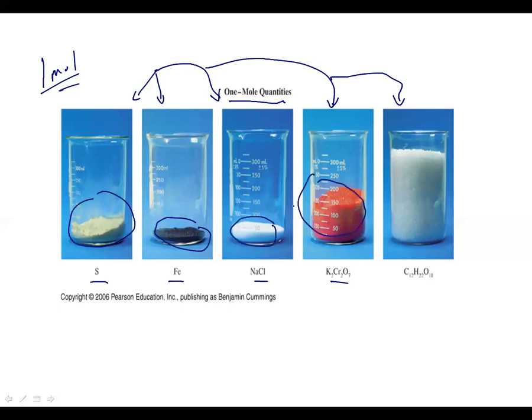So although they do represent a 1 mole quantity of each of these things, the reason why we do see different amounts is, for example, when we look at 1 mole of sulfur, that represents 32.07 grams. While if we look at 1 mole of sodium chloride, for example, sodium chloride from the periodic table is 22.99 plus 35.45 for our chlorine.